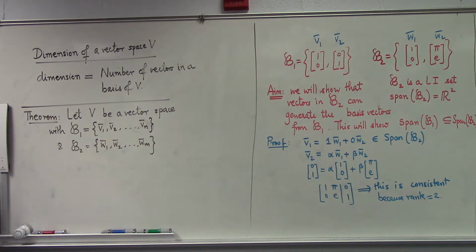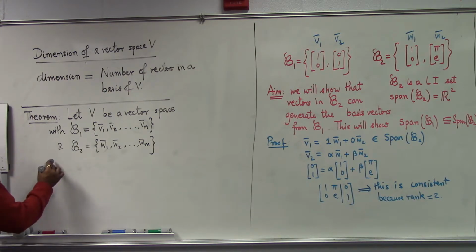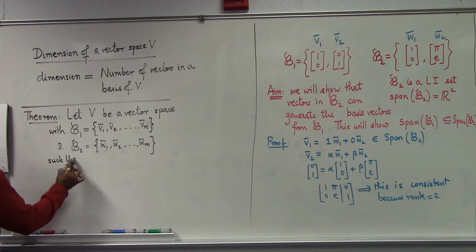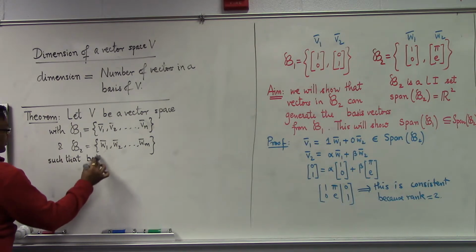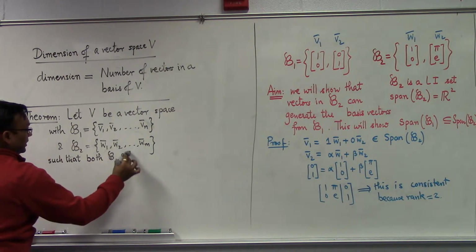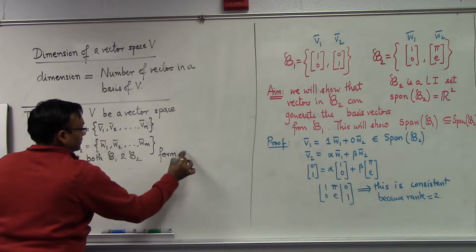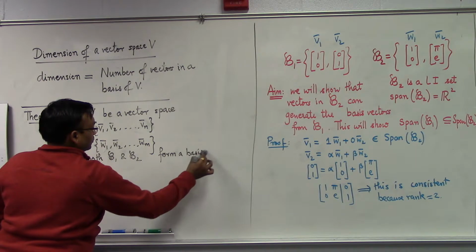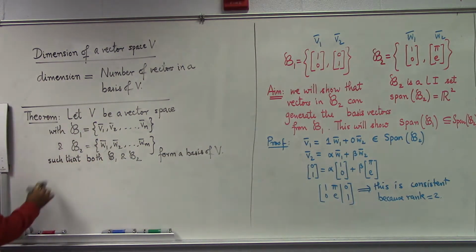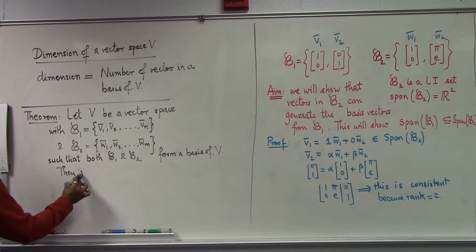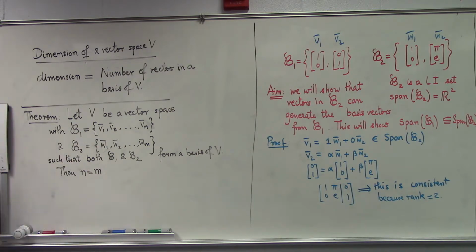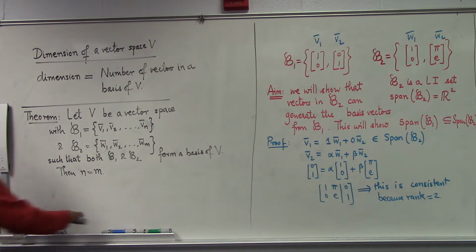Let us say I have a set B1 with n vectors and a set B2 with m vectors, such that both B1 and B2 form a basis of V. Then n must be equal to m.